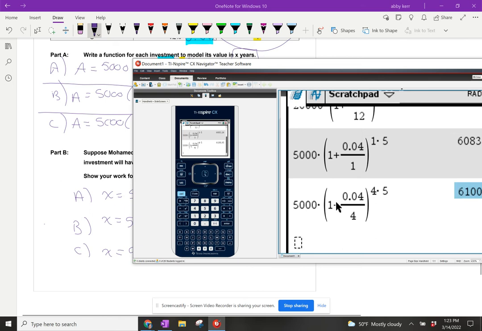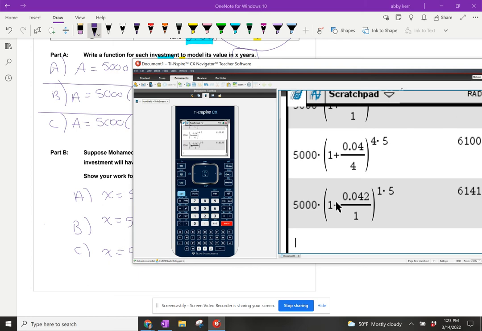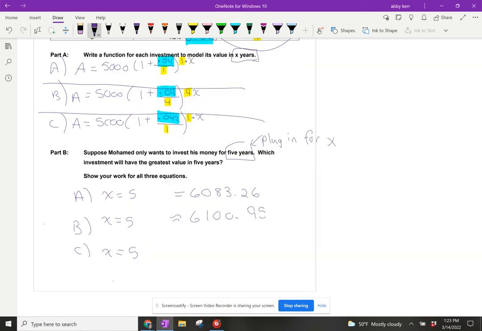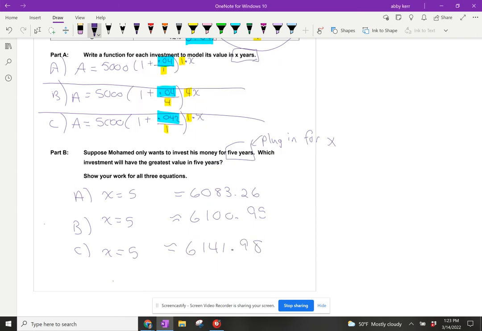And then we go back to the C investment. We have to change the rate, and it's happening 1 period. And then we get about $6,141.98.